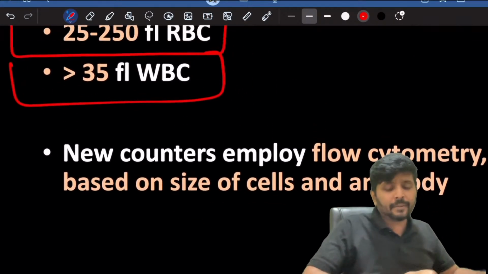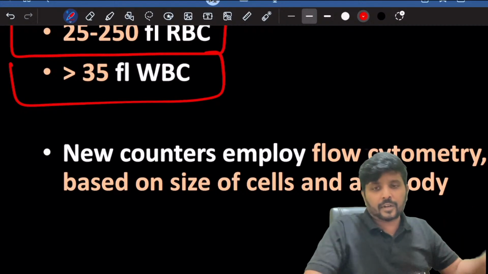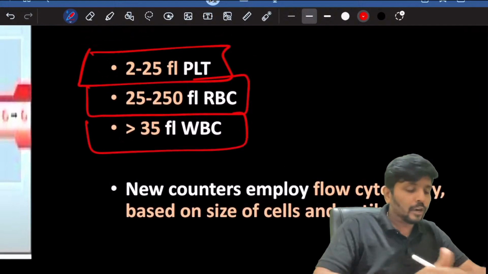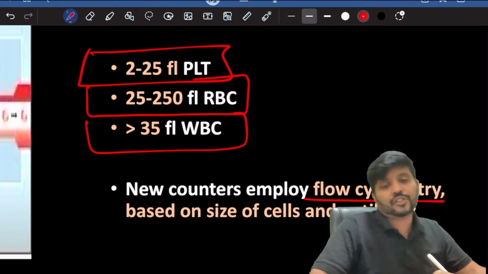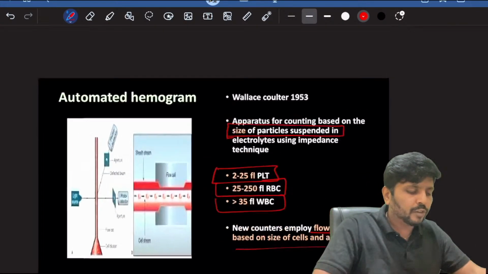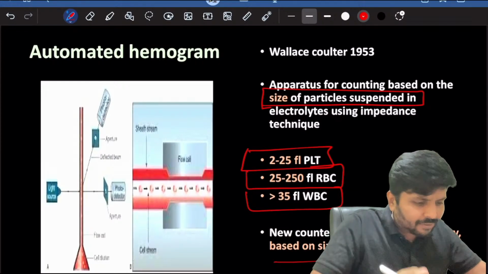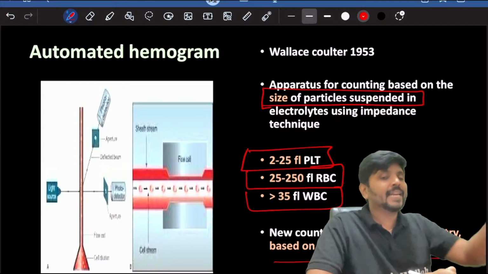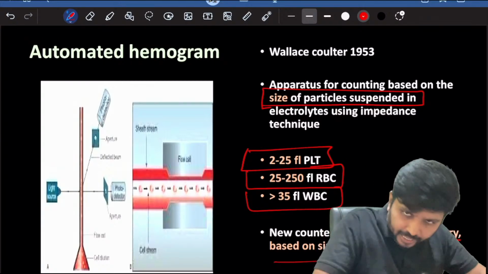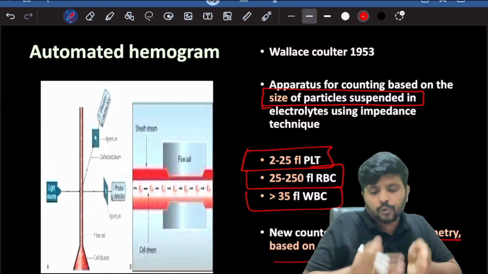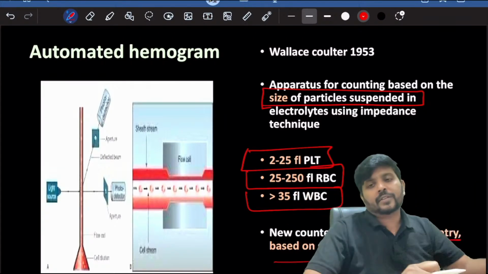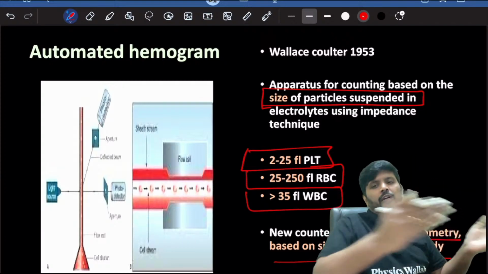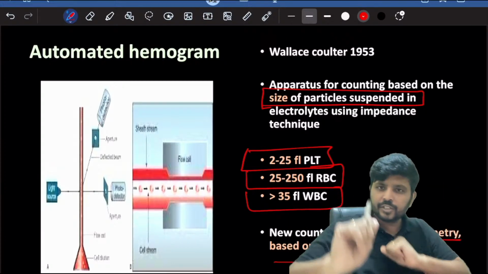But remember, newer Coulter counters employ not only the size of the cells, but also other principles such as flow cytometry, immunofluorescence, etc. Because we have some issues with the older method, which mainly detects particles based on size, newer Coulter counter methods also employ other techniques so that the false results seen with older Coulter counters can be reduced. Okay? Right.